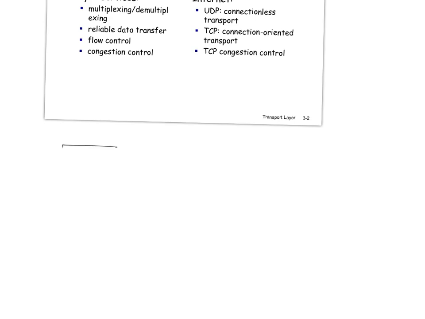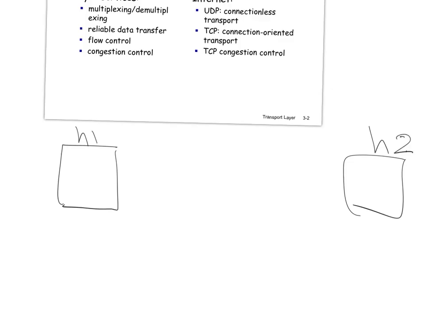So if we assume that we have a host, and host 2, these hosts are machines, actually laptops or desktops or something like this, right? Or mobile phone or something. These devices, hosts, they have an IP address, right? And they host multiple application endpoints. Okay?